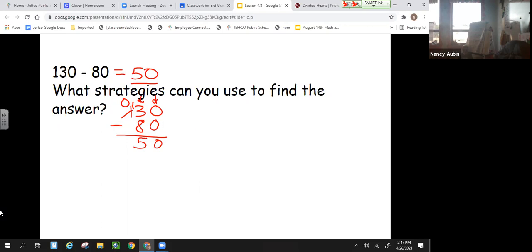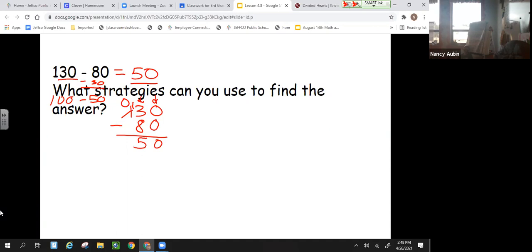Whoa. Okay, you're gonna have to say it slower. You took 30, so he's trying to make this 100, everybody. So he got rid of that 30 by subtracting it from 80 and got 50. So he could do 100 minus 50. And you got 50. Wow, that's a different strategy.